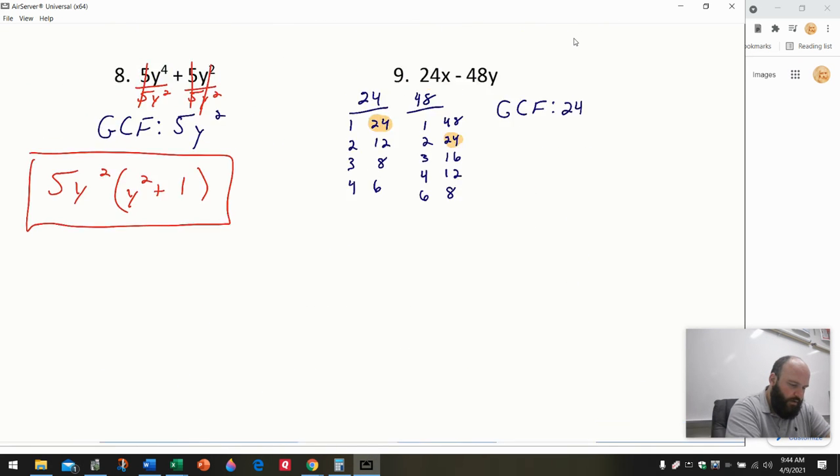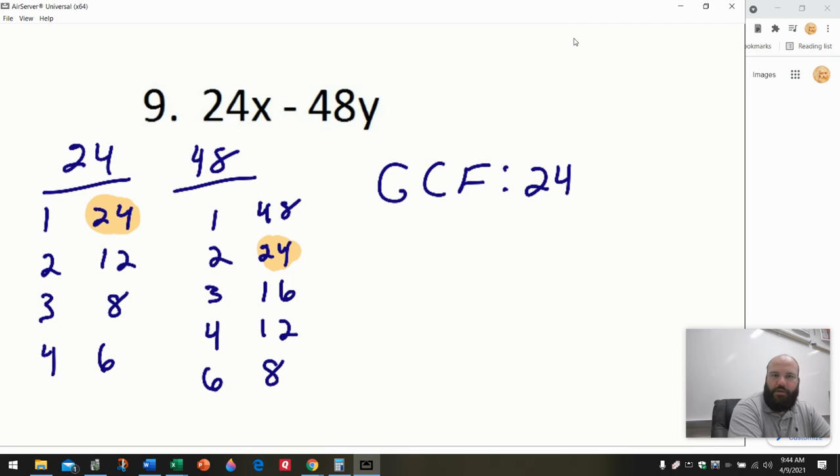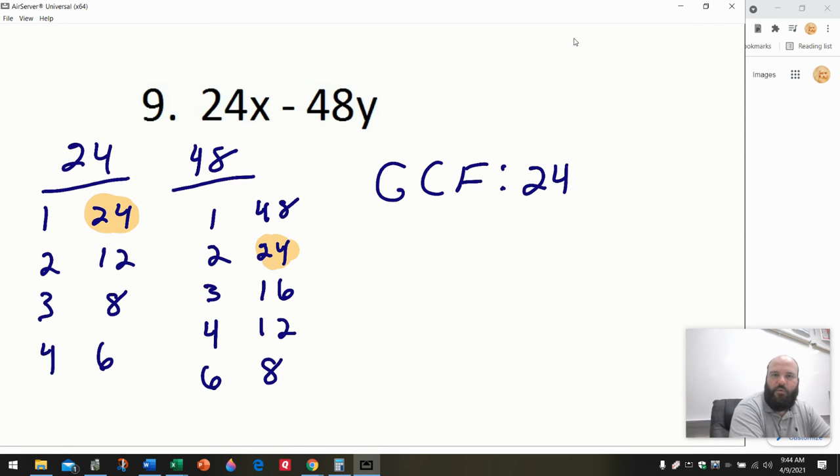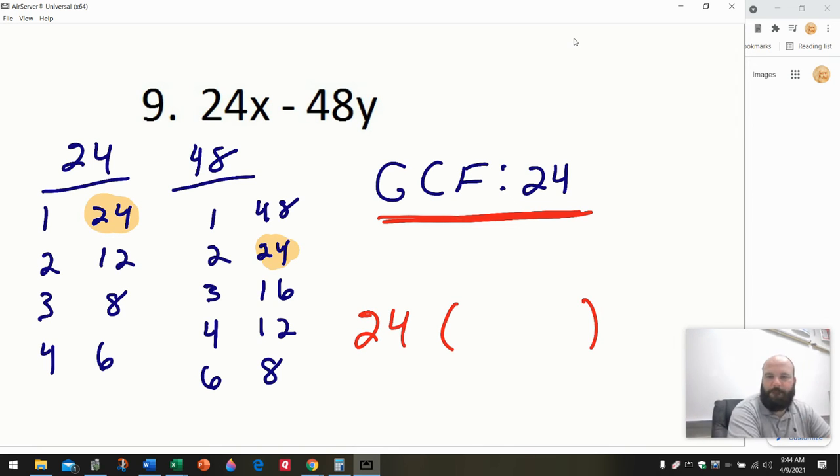Okay, here's another one. We have an expression 24x minus 48y. And once again, we have already found the GCF. In this case, the GCF was 24. So we will start by writing the GCF, followed by a set of parentheses.